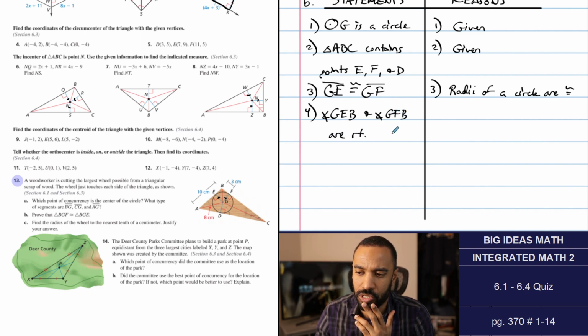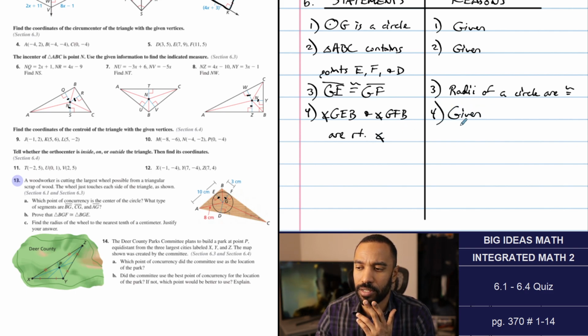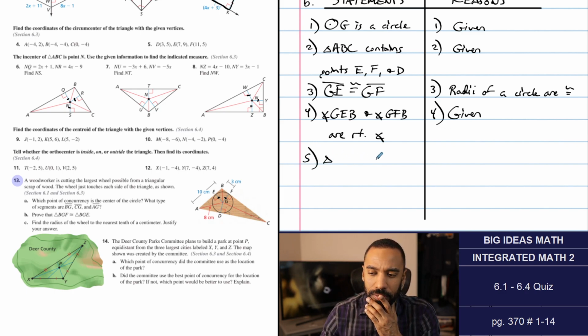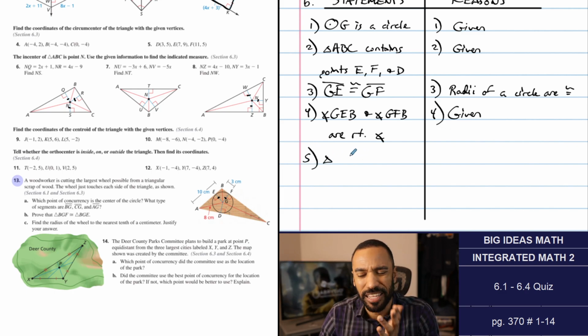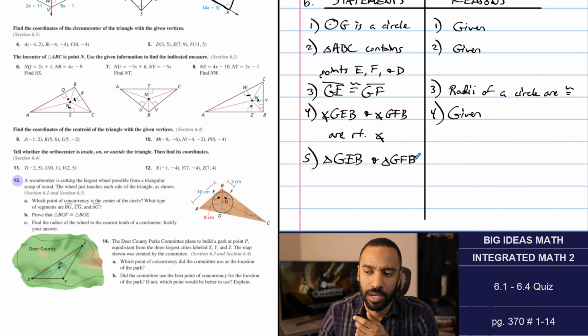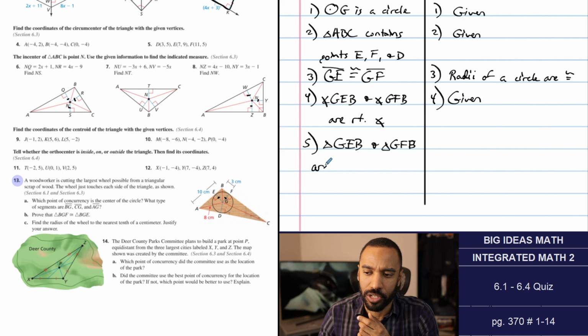They have right angle symbols. I probably should have said that as a given, but now I'm going to. Given. That allows us to say these are right triangles. I do these out of order because I don't really plan it with you guys. I kind of just write things. Triangle GEB and triangle GFB are right triangles by definition of right triangles.